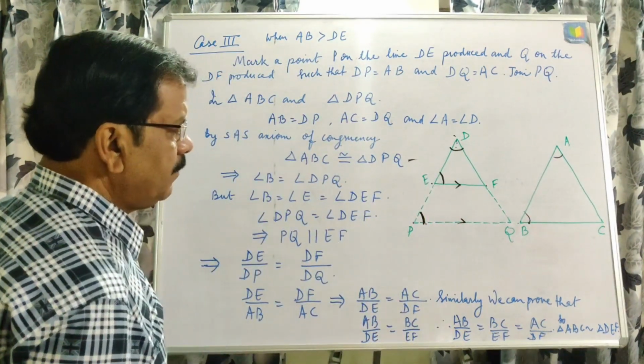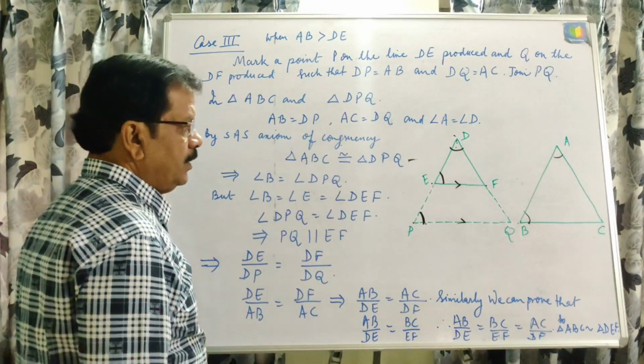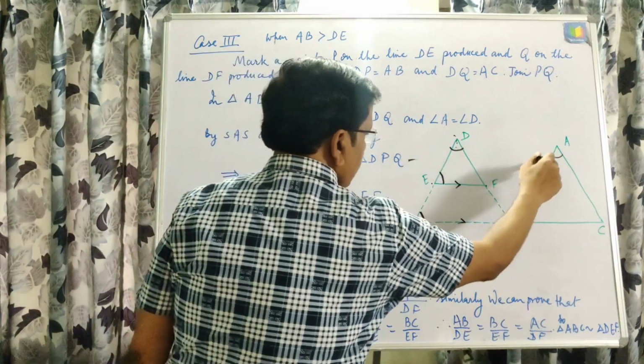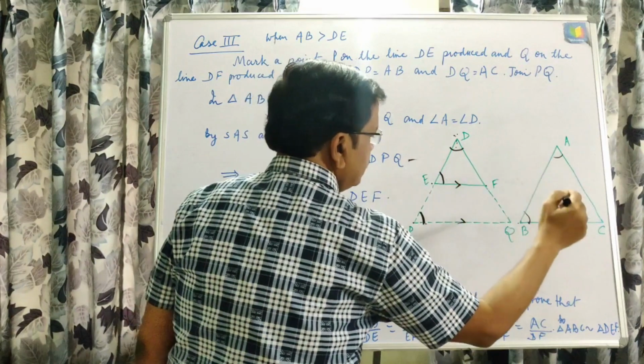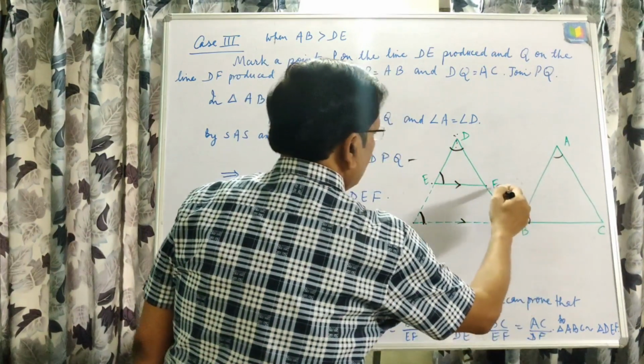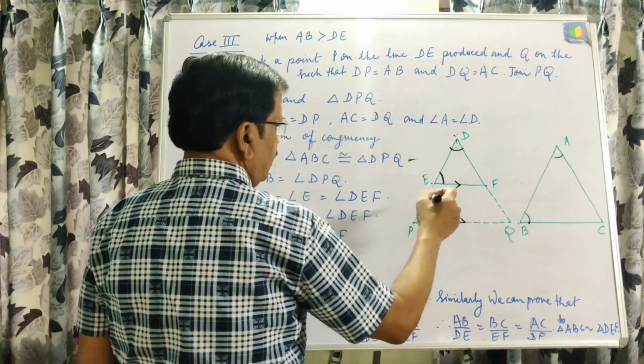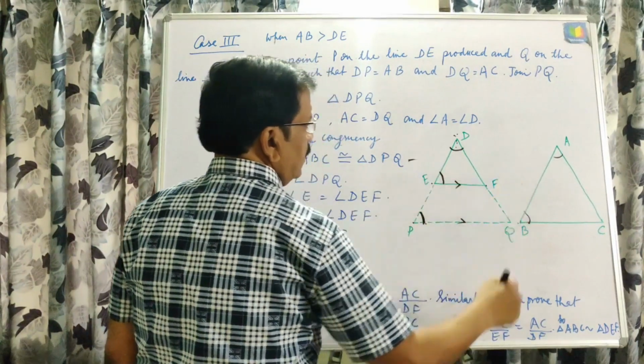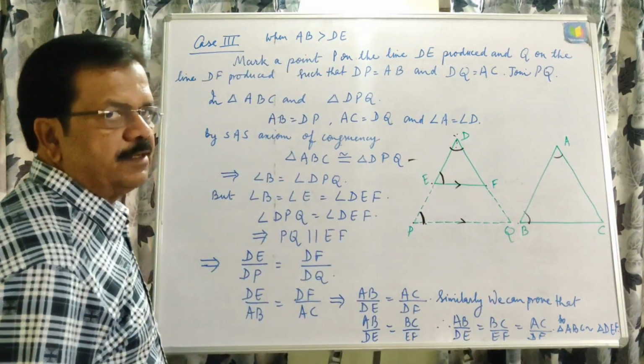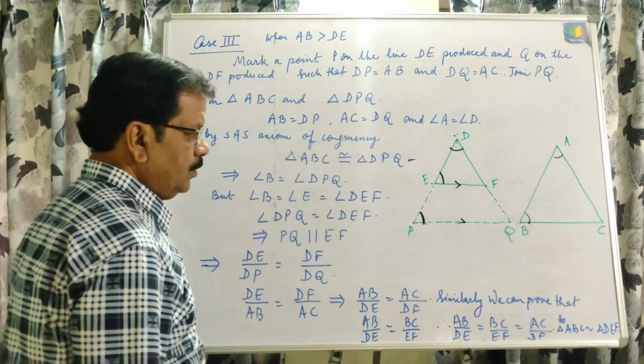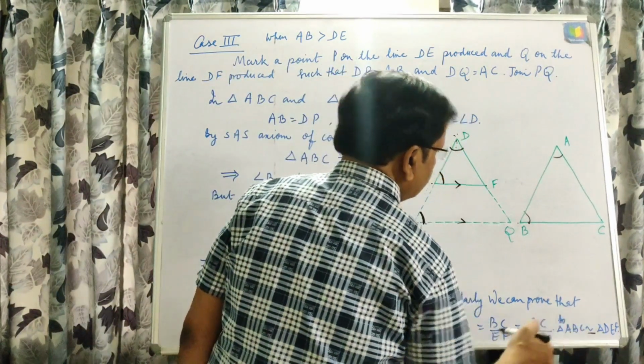In the same way we can show that AB upon DE is equal to BC upon EF, and that is why all the corresponding sides are in proportion, and so these two triangles are similar.